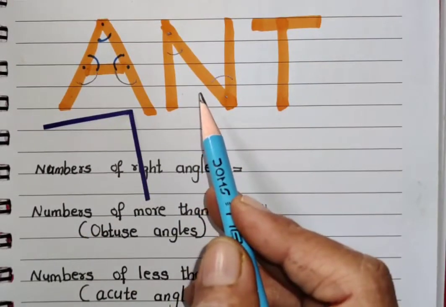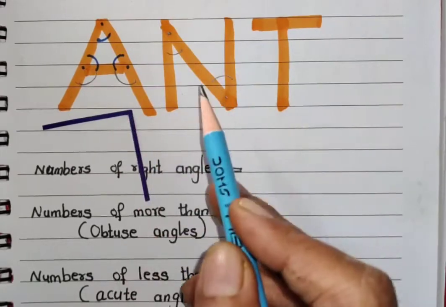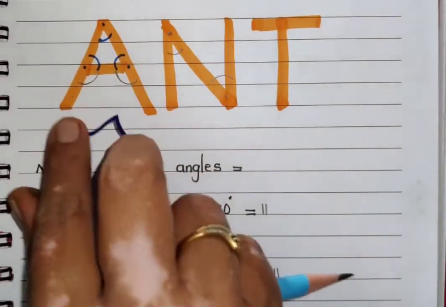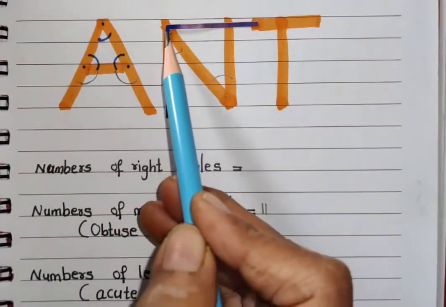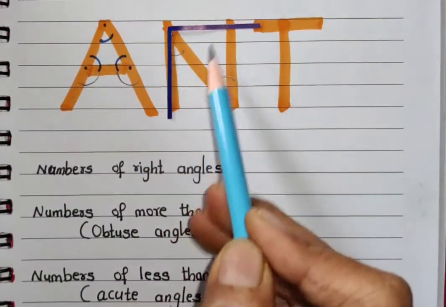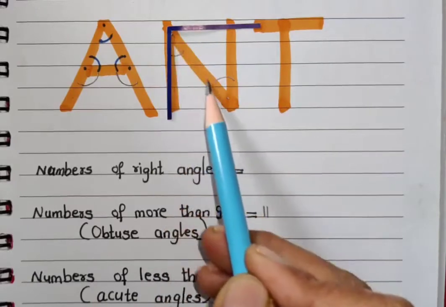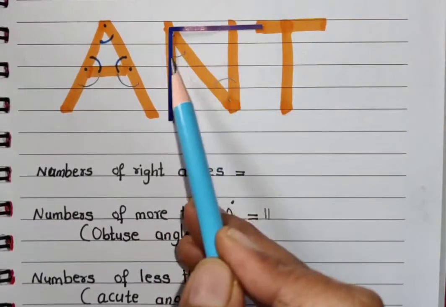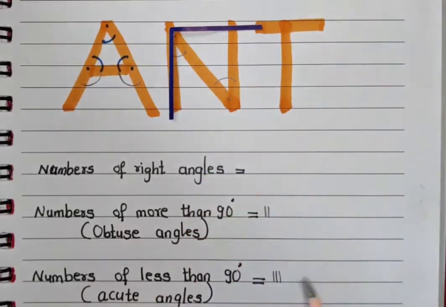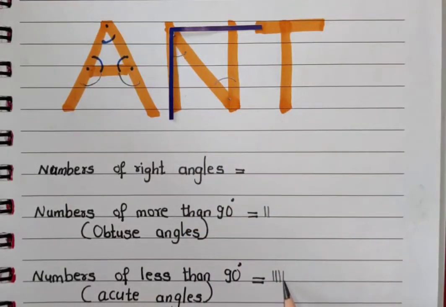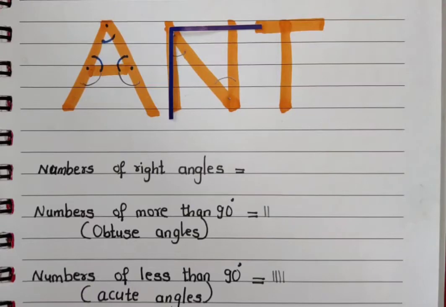Now we come to another letter of the word Ant, T. I'm going to keep this vertex here. As you could see, the line is inside this 90. This arm is inside 90. Right? So this is an acute angle. I'm going to put one line here because it is an acute angle.